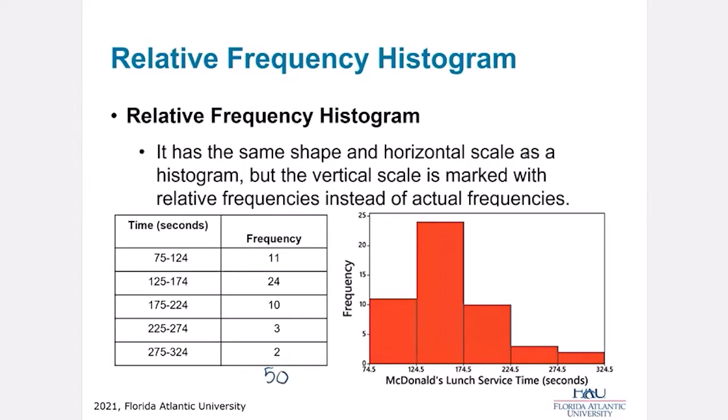We're looking at 50 people who went through this line. And if I want to find the relative frequency, I would divide each one of these numbers by 50. And that way I could also see how it applies if I had 100 or 200, because they would increase proportionately, hopefully.